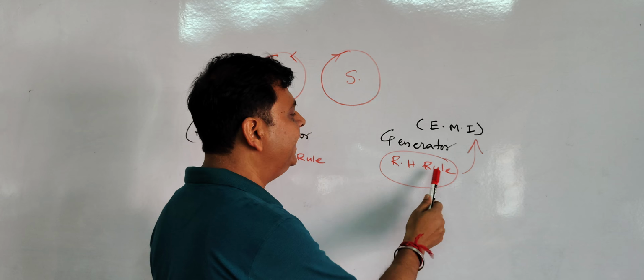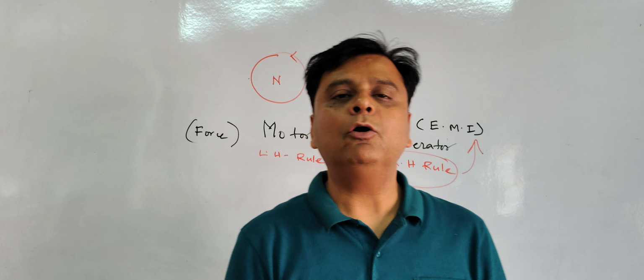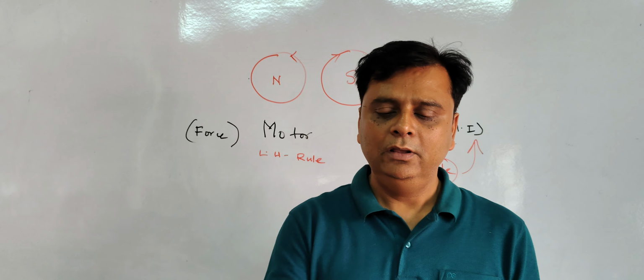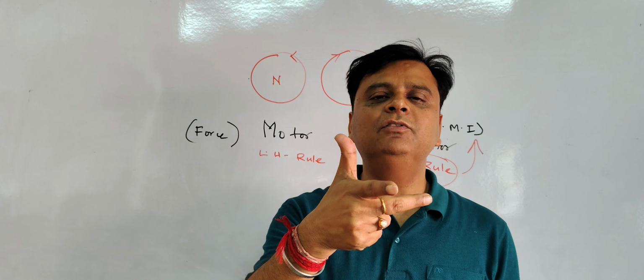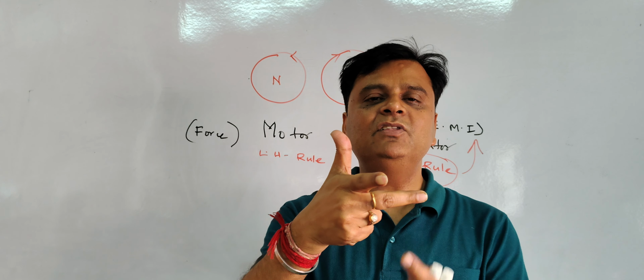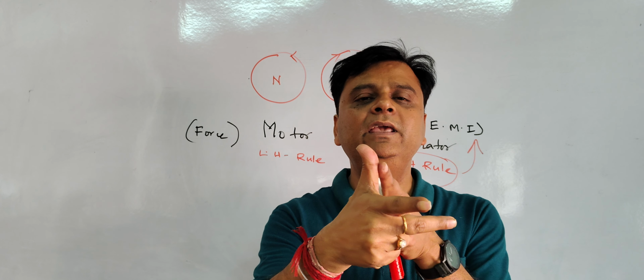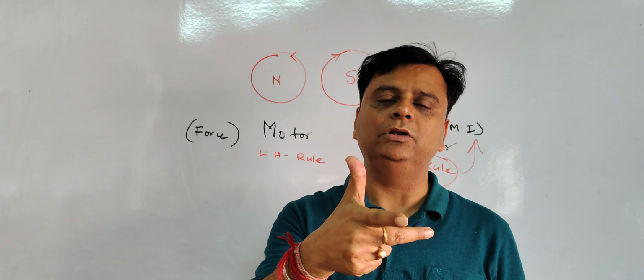According to Fleming's right hand rule, my index finger gives the direction of the magnetic field, the middle finger gives the direction of the current, and the thumb gives the direction of the force or motion.